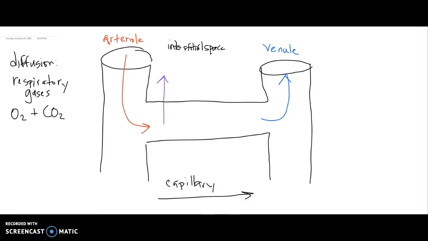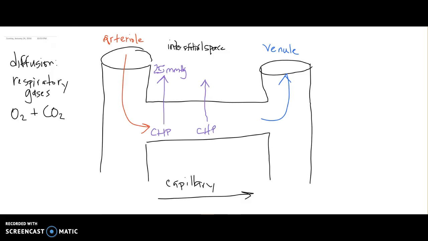This pressure is called the capillary hydrostatic pressure, and we shorten that to CHP. So this is a hydrostatic pressure that you would find in your capillary beds. At the arterial end, this capillary hydrostatic pressure is at about 25 millimeters of mercury. As it goes across this capillary bed, the CHP actually drops, and I need to make a correction.